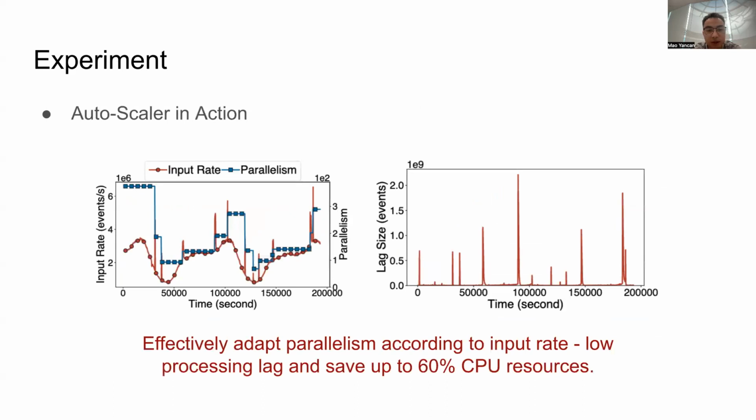We also evaluate the effectiveness of the autoscaler by configuring it for an in-production streaming job. The results show that our system can adapt the parallelism of the streaming job according to the changes of the input rate. The effective autoscaling helps streaming jobs avoid processing lag and save up to 60% of CPU resources.